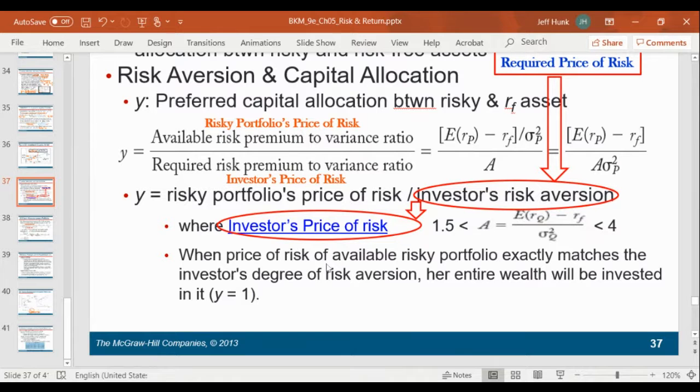So think about it, y is the proportion of our funds that goes into the risky portfolio, right? So it has to be risky portfolio's price of risk out of investor's complete portfolio, right? And if they are the same, of course, it's going to be 1.